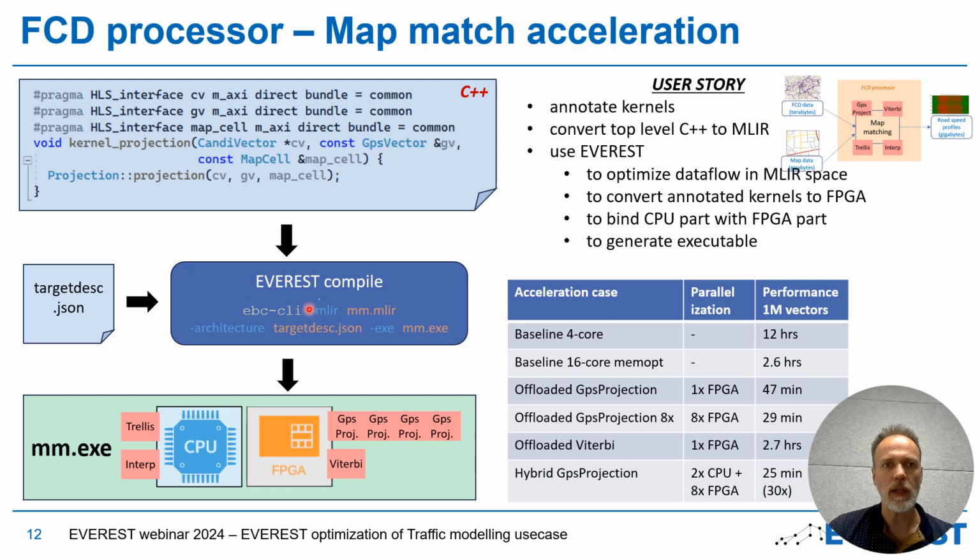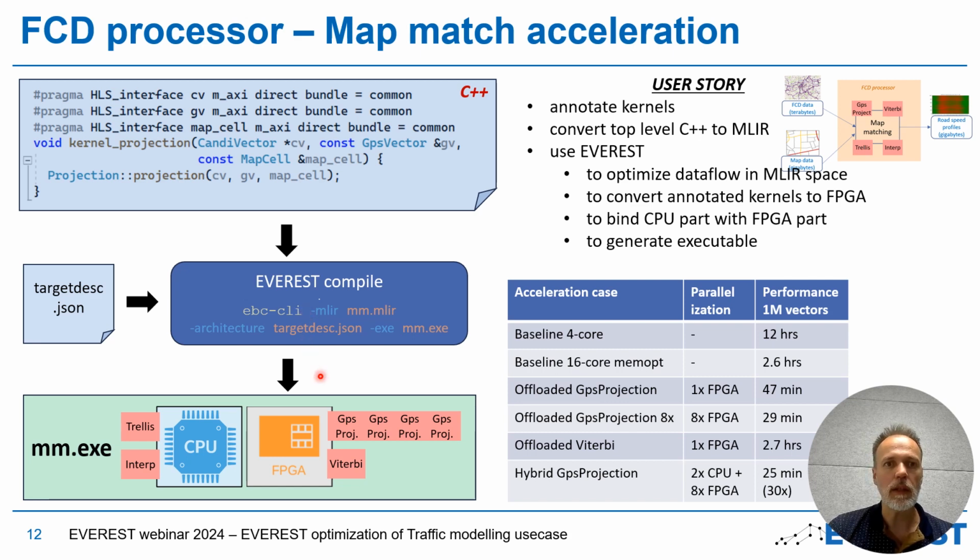It will understand that it needs to call FPGA compilation path for annotated kernels and leave other code to GCC compiler and bind all things together, resulting in executable which exploits heterogeneous architecture.